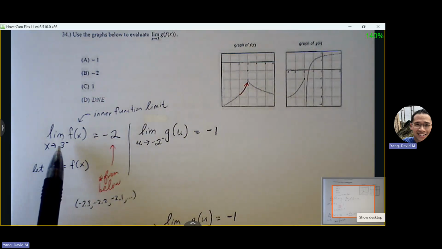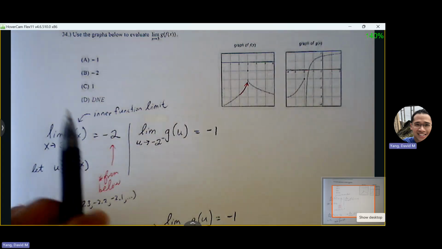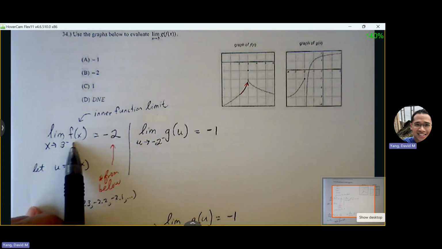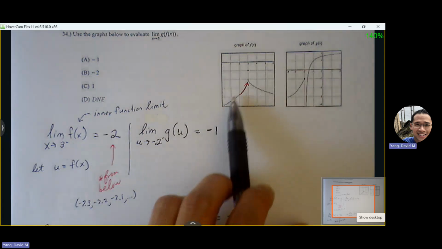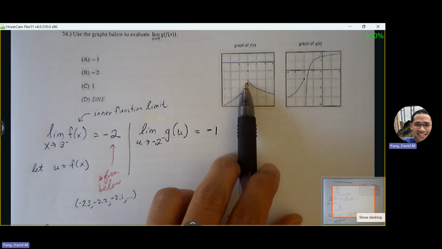So we want to find the limit as x approaches 3 from the left, and also the limit as x approaches 3 from the right. So if we're approaching 3 from the left, that's following this path, right? And we see that it is headed towards -2.